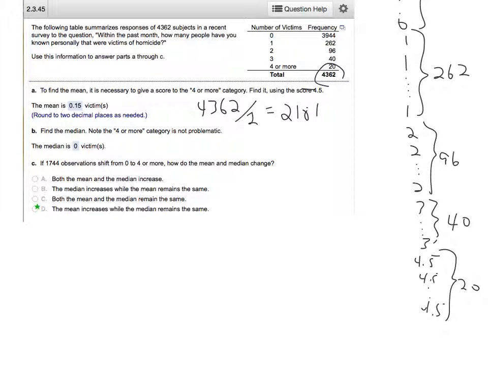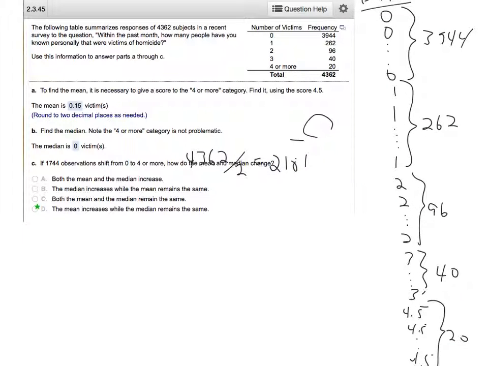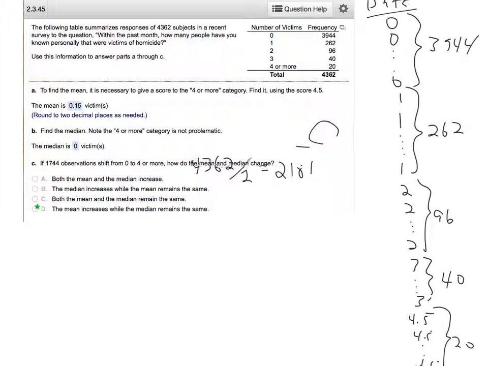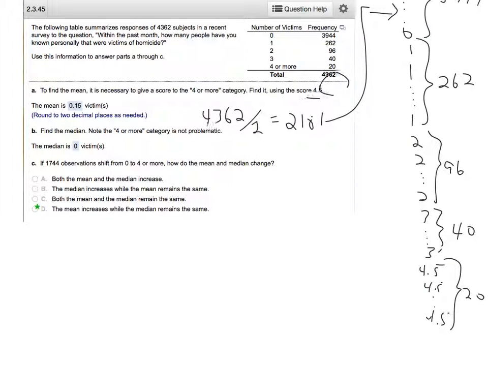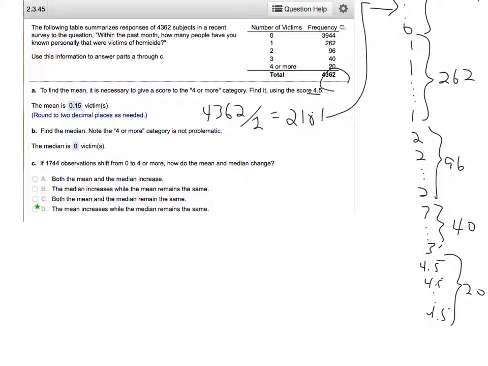If you look at the data, the 2,181st person in this list is somewhere in here. So the 2,181st data entry is somewhere in this sea of zeros, and so what that means is that the median value is just 0.